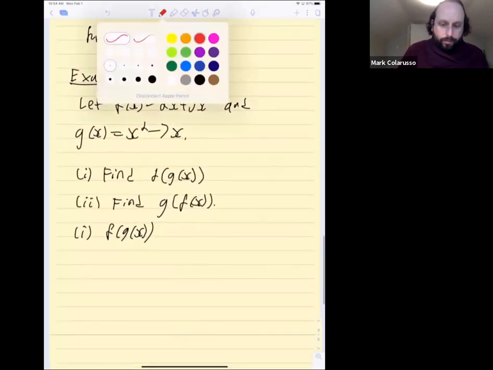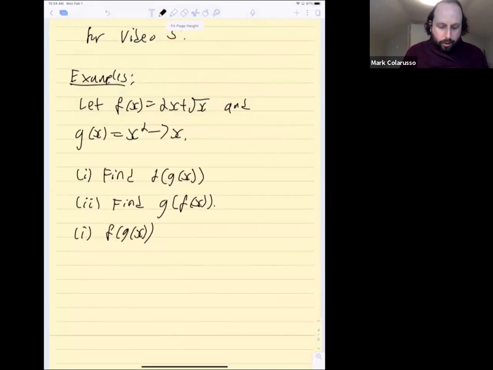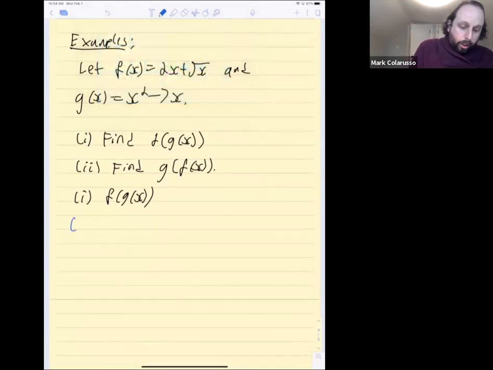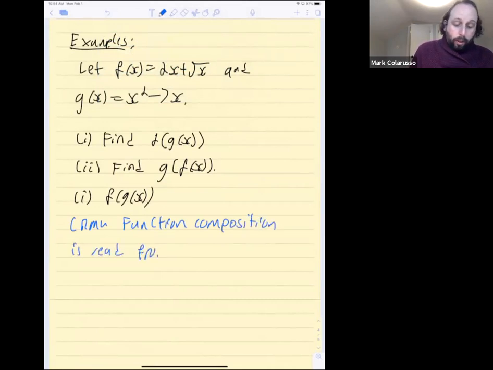Okay, so let's do that. And I guess this is like a little remark: function composition is read from right to left.